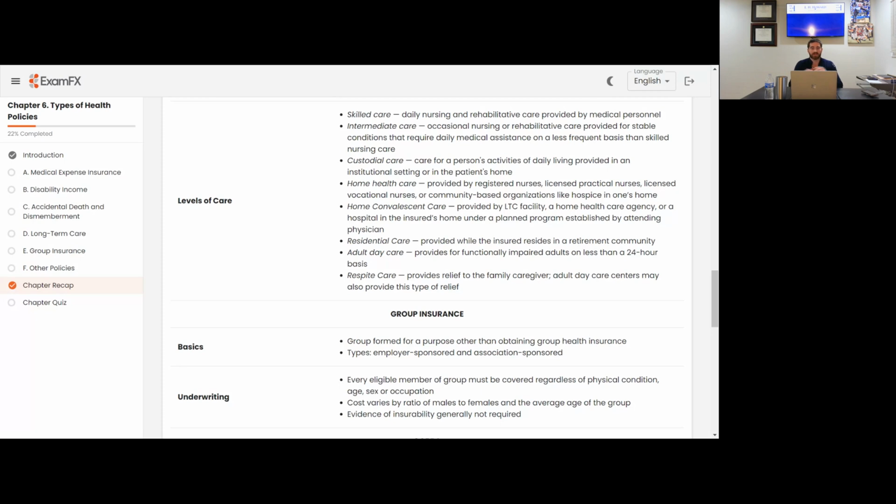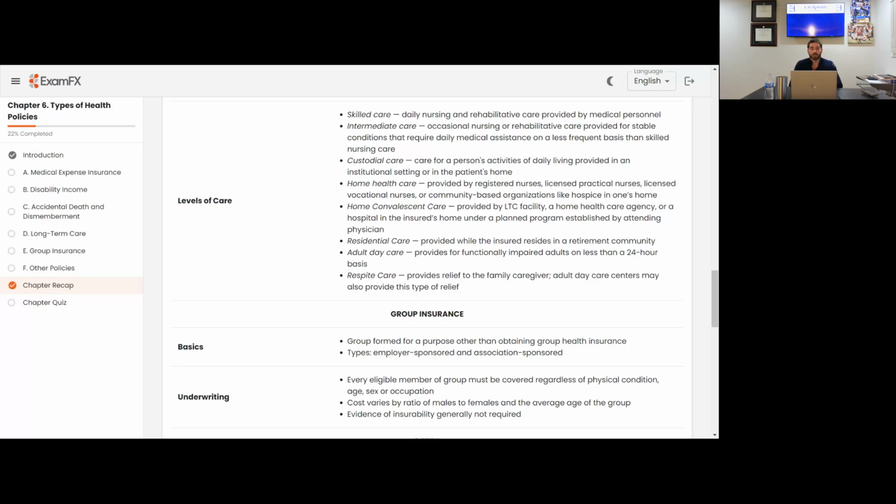Home health care provided by registered nurses, licensed practical nurses, licensed vocational nurses, or community-based organizations like hospice in one's home. So again, home health care is exactly what it sounds like. You're having somebody take care of you from 9 to 5. They're really having to help you around the house. They're going to be registered nurses. They're going to have their licenses and all that good stuff, or a community-based organization.